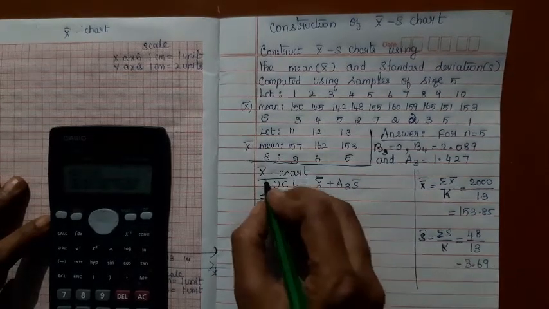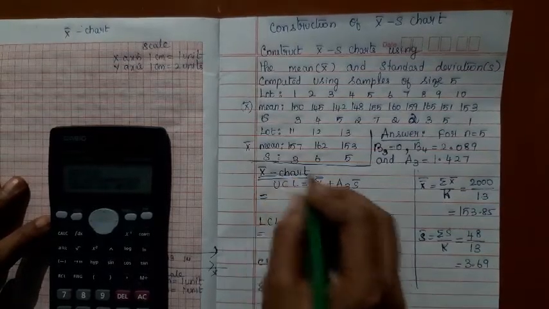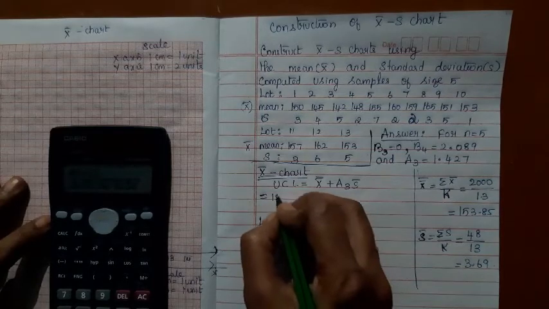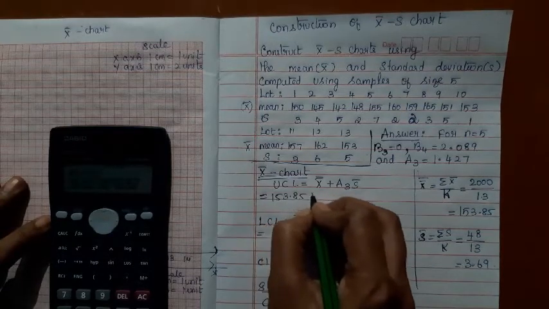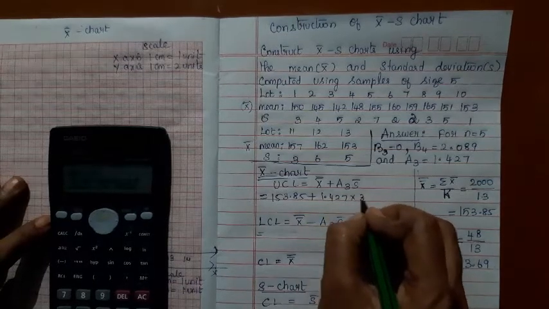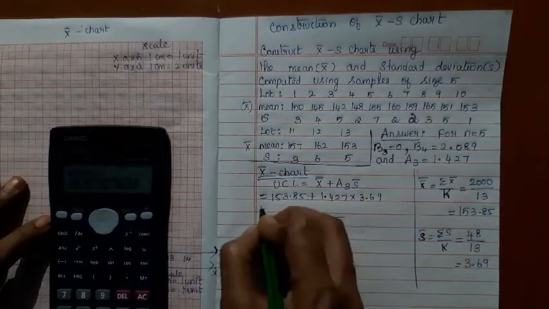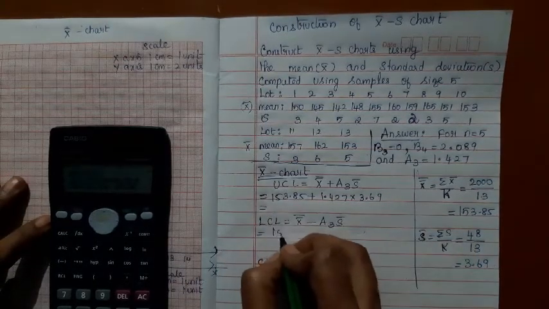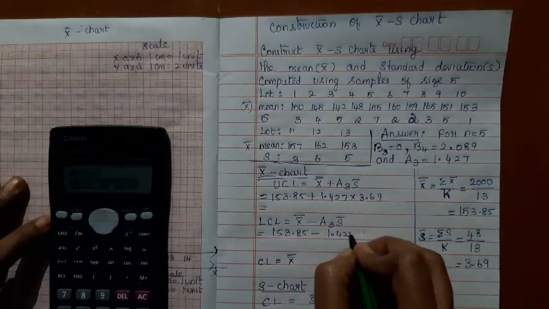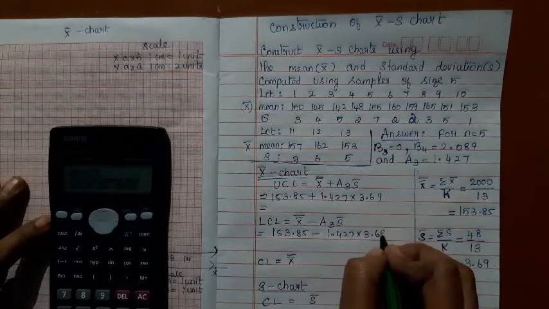After doing this, let us compute the X bar chart. The upper control limit for the X bar chart is X bar bar 153.85 plus A3 1.427 into S bar. Let us compute this value. For LCL it is X bar bar minus 1.427 into 3.69.